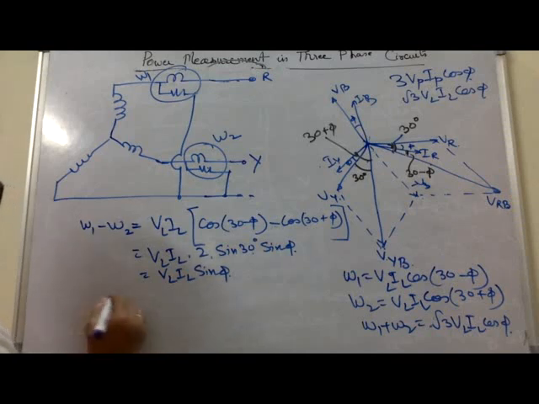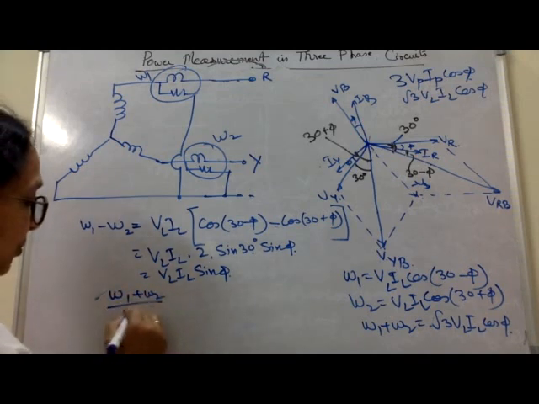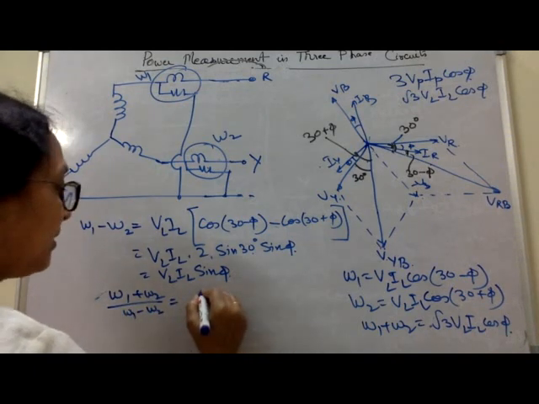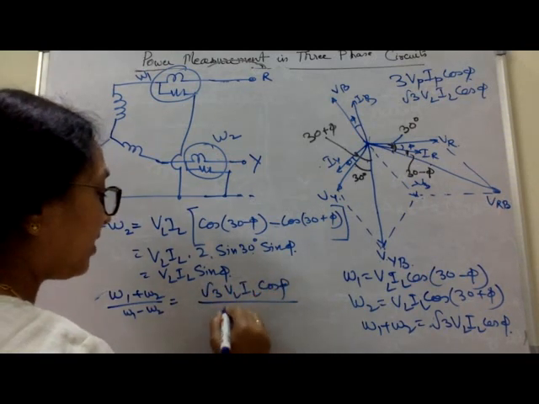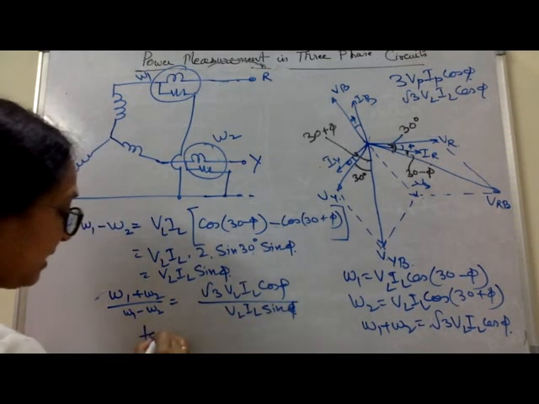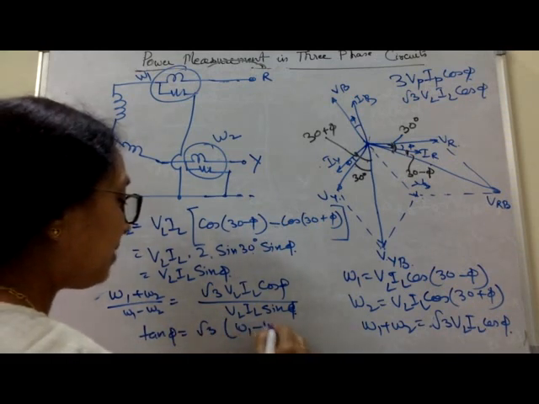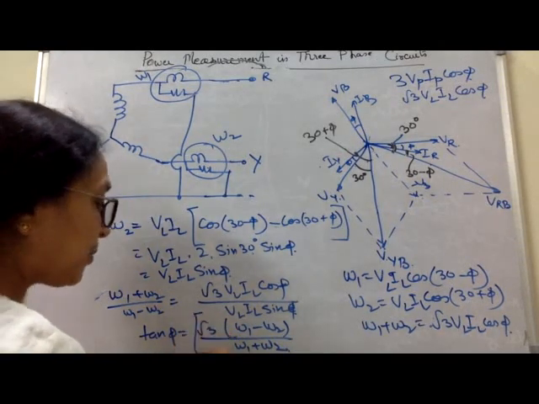Divide the two and you will get W1 plus W2 by W1 minus W2 equal to root 3 VL IL cos phi divided by VL IL sin phi. This means tan phi is equal to root 3 into (W1 minus W2) divided by (W1 plus W2).